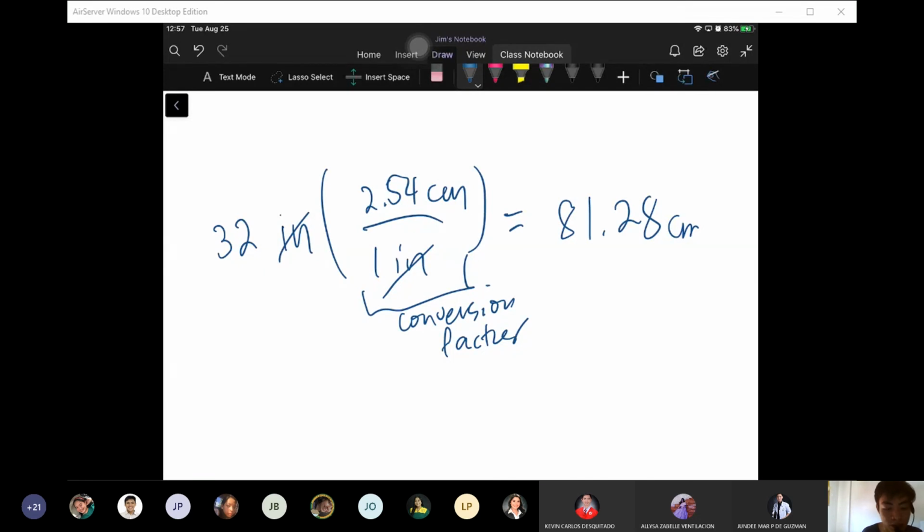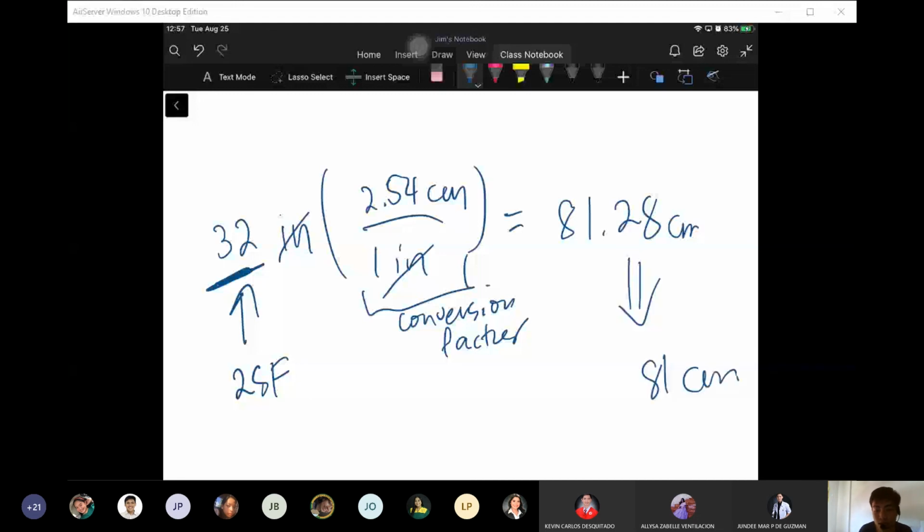What we're after is the number of significant figures your given units have. We have 2 significant figures for the given unit, so our final answer should contain 2 significant figures. So we will report this as 81 cm instead of the whole 81.28.